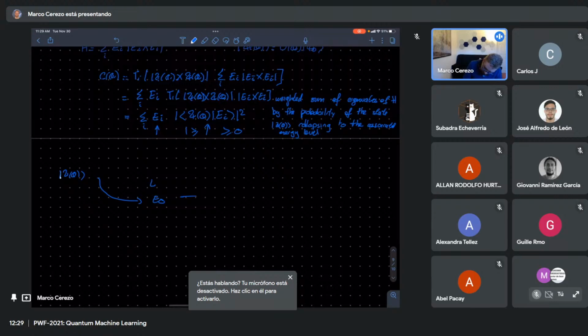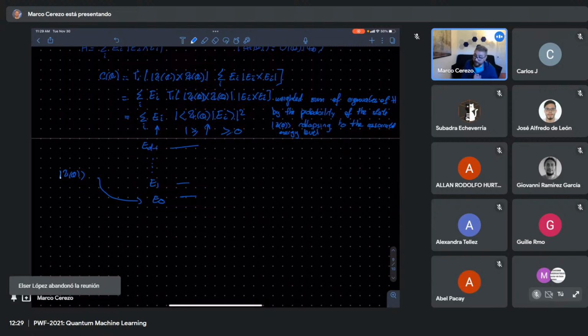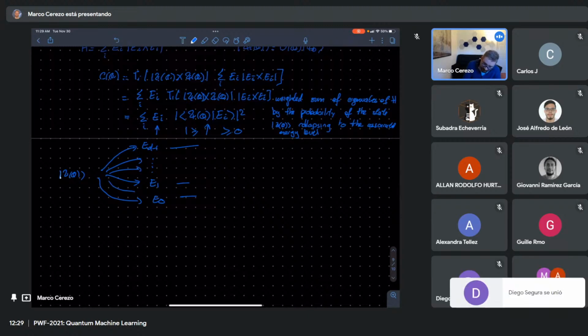It has a given probability of being in the first excited state, and so forth until we get to the last excited state, which is E D minus 1, because I started at 0. So this state has a probability of being in all of those energy levels of H.